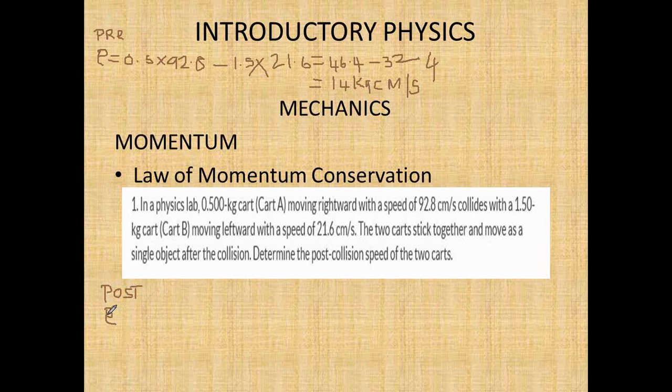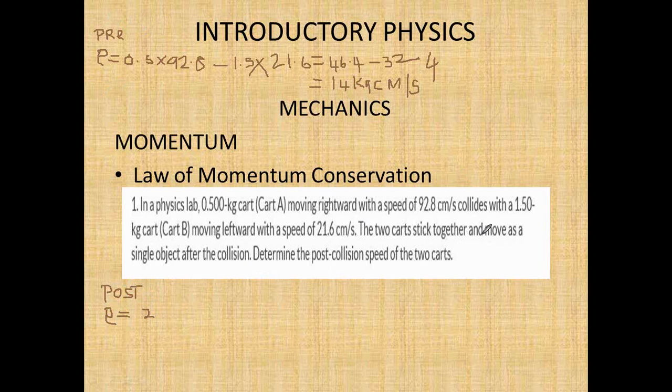So post-collision, let's look at what we got. The two carts stick together. So if the two carts stick together, the mass is going to be 0.5 plus 1.5. So the mass is 2. You have a 2 kilogram mass because the mass is combined.